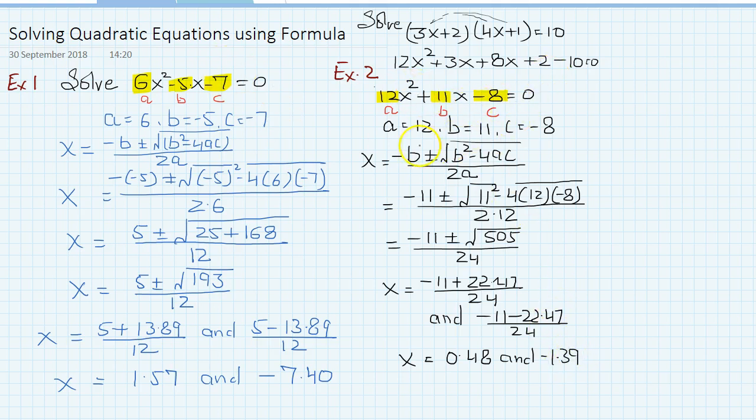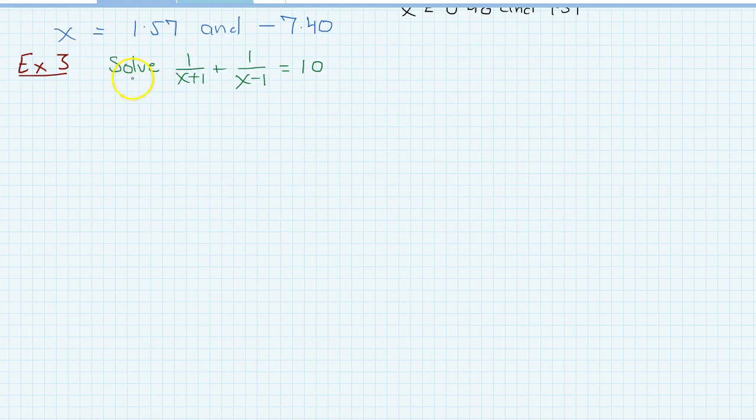So these are the two examples. Now let's take the third example. Another example is solve 1 over x plus 1 plus 1 over x minus 1 is equal to 10. At first glance it is not appearing as a quadratic equation, but if you solve it, let me take the LCM, that is x plus 1 and x minus 1.